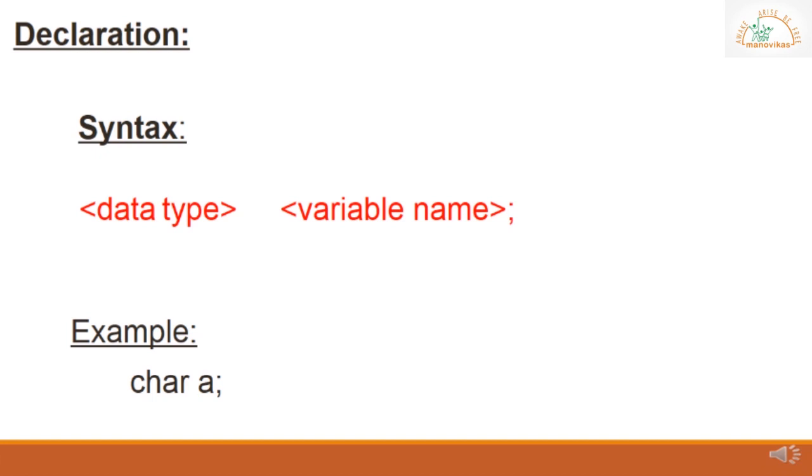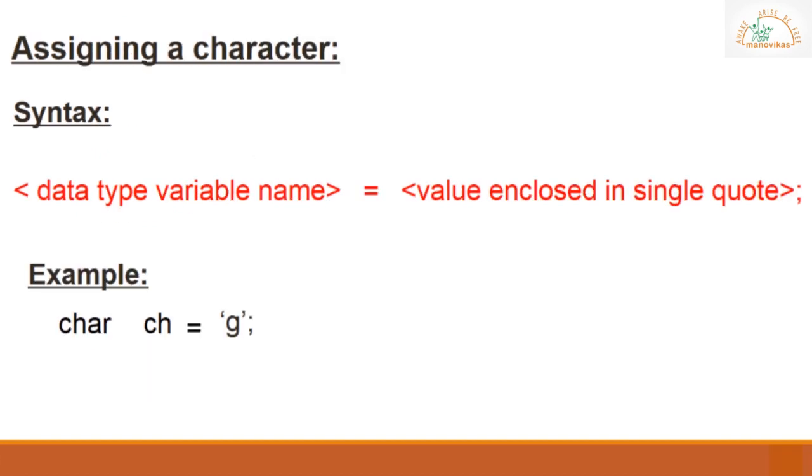To assign a character in Java, first you need to declare the variable. After you declare the variable, use equal to sign. Then on the right hand side, give the value, but the value should be enclosed in a single quote. At the end, semicolon.